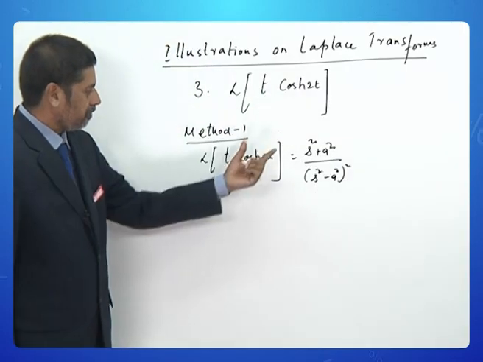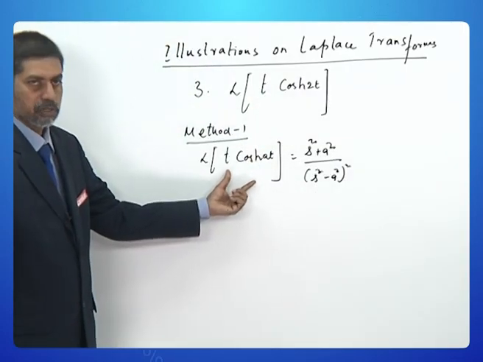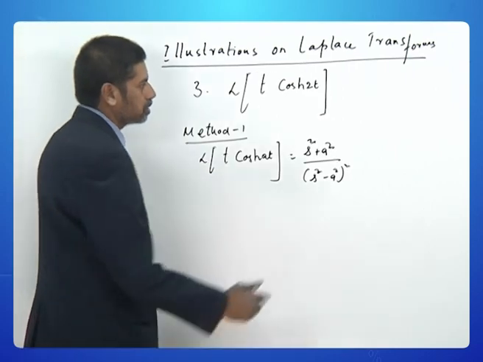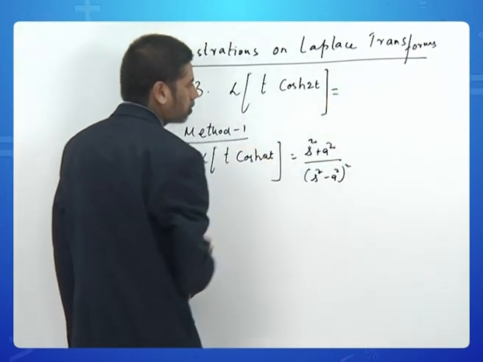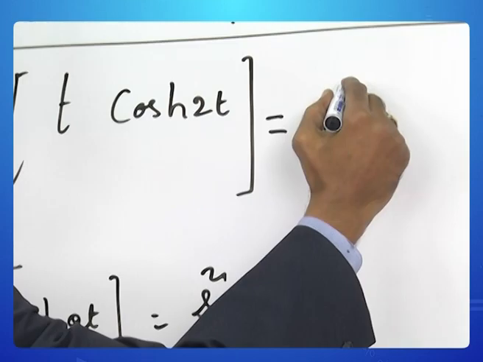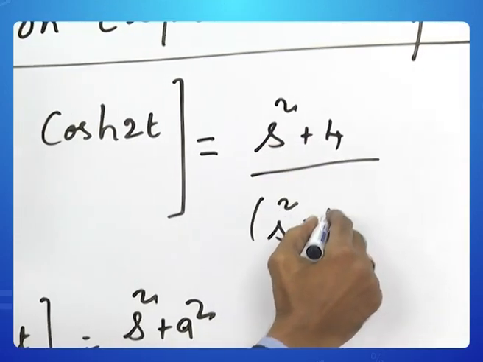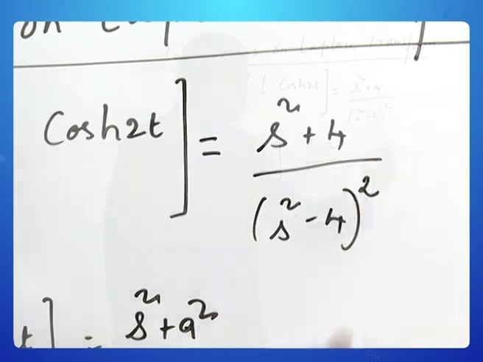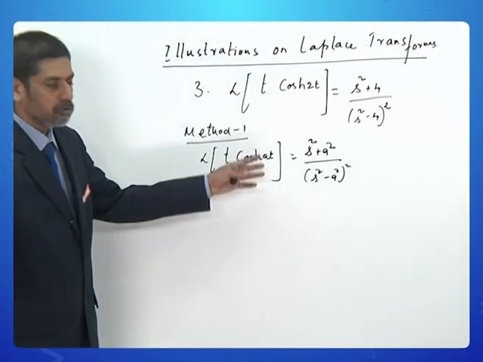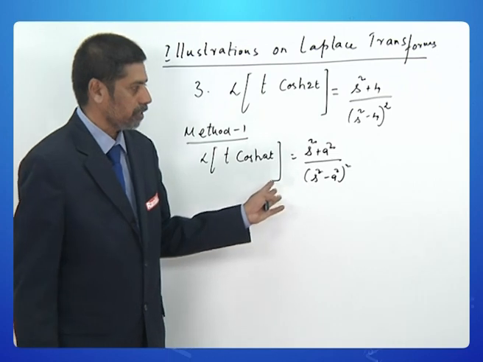So this exactly fits into this context. So therefore the answer to this problem would be s square plus 4 by s square minus 4 whole square. So the problem is straight away solved if you know the property.